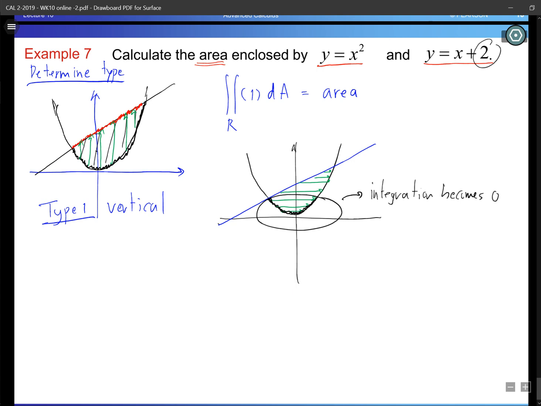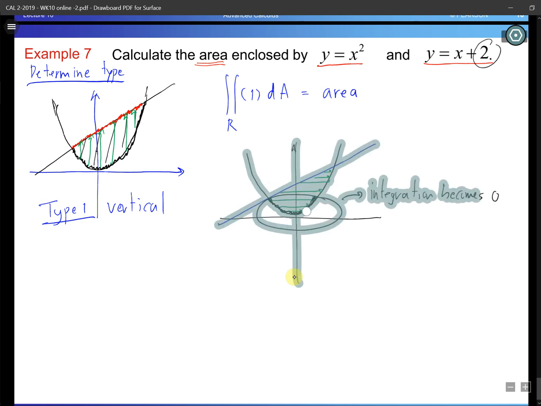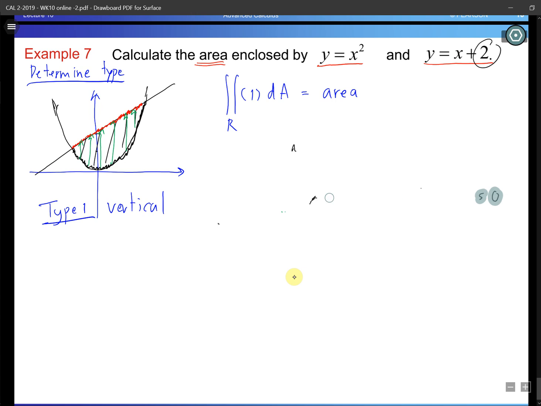If you do this straightforwardly, it's going to be a problem, so don't do it. In this case, you can see right away that I sweep from one function to itself. That's not going to work, so let's forget about this approach and stick with the type 1 that we saw in the beginning.